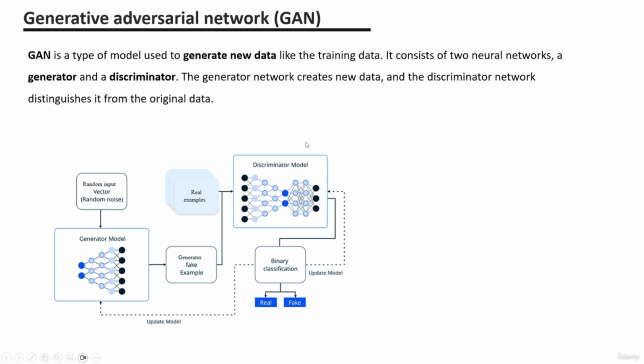With the feedback provided by the discriminator neural network, the generator neural network improves its ability to generate new data that closely resemble the real data. Eventually, the generator is capable of producing high-quality new data that closely resemble the input data. Thanks to this, it generates new data that resemble the data it has been trained on.